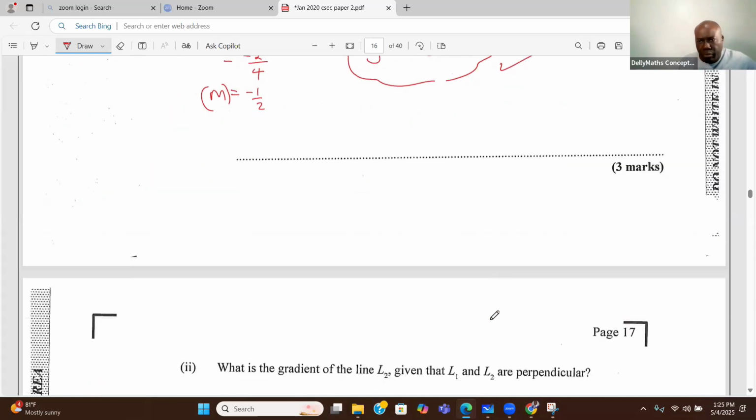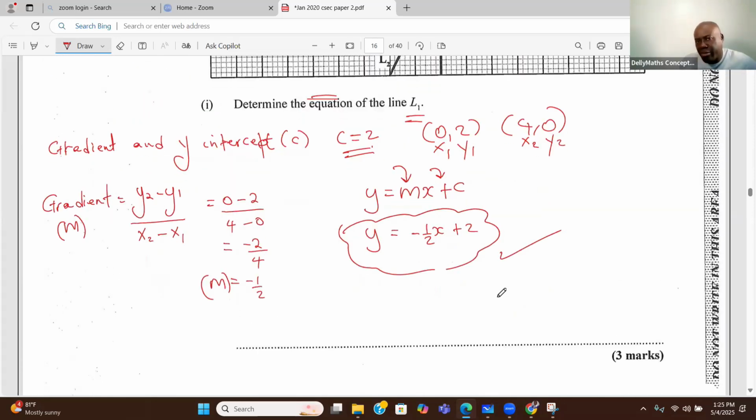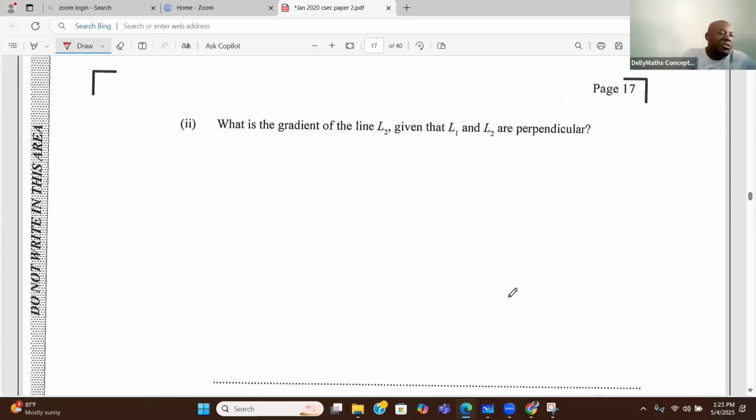All right. And you notice it is a nice 3 marks question. So for this one, let's keep going.